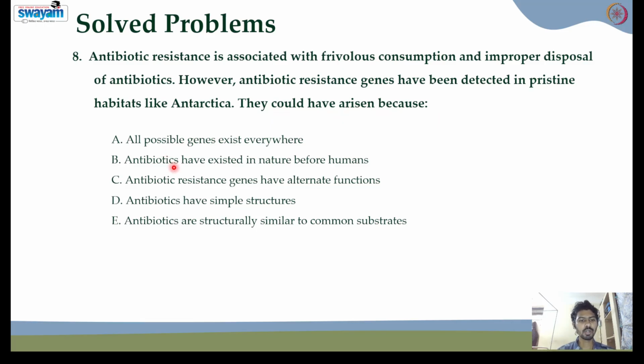Option B, antibiotics have existed in nature before humans. Option C, antibiotic resistant genes have alternate functions. Option D, antibiotics have a simpler structure. Option E, antibiotics are structurally similar to common substances. So among these, which suits best for the above question? You can post your answers.